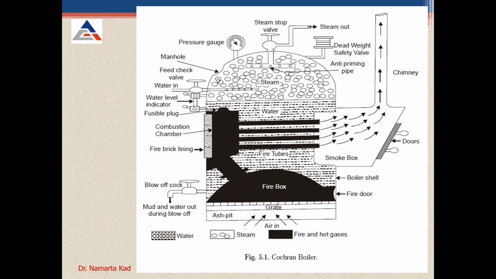Then this is the manhole. Pressure gauge is there to check the pressure inside this dome. Then the steam stop valve. Then steam out, from here steam is taken and fed to the turbine. Then the dead weight safety valve and the anti-priming pipe. So these are the different parts of any Cochran boiler.